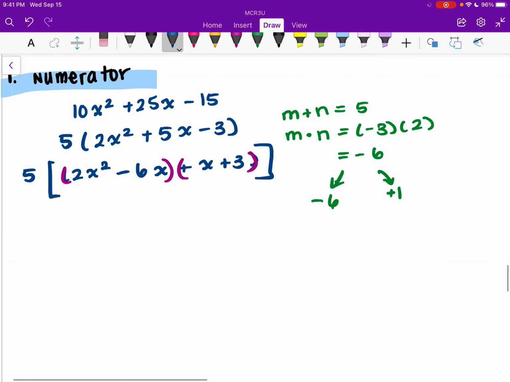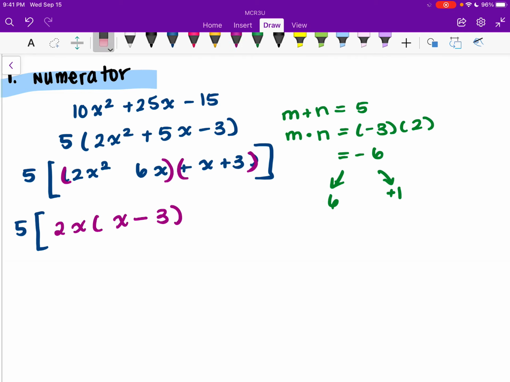Then I'm going to go in here. I'm going to leave the 5 on the outside so I don't forget about it. But from this 2x squared minus 6x, I know I can pull out a 2x, so I'm left with x minus 3. And sorry, oops, I made the mistake that I said I wouldn't make.